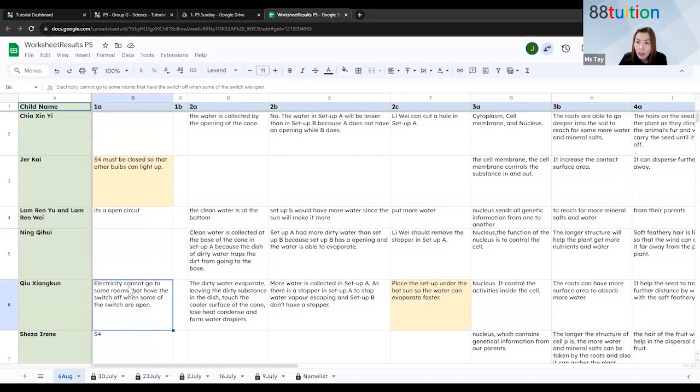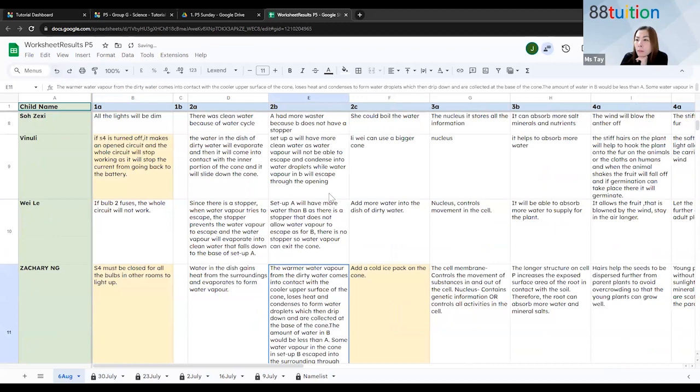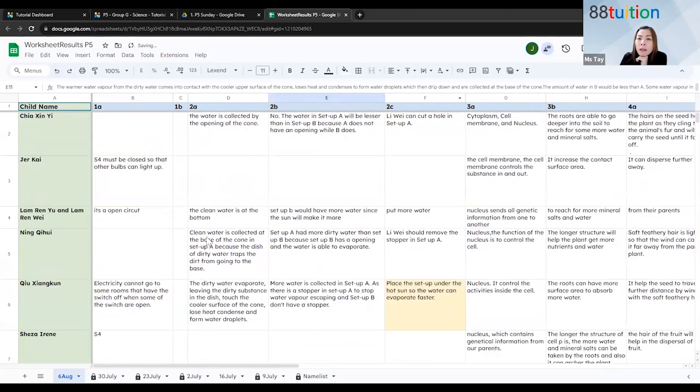Now Xiang Kun said electricity cannot go. Qi Hui, your answer just disappeared. Let me see what I can do. Somebody actually deleted Qi Hui's answer. Whoever deleted it, can you go and click undo?